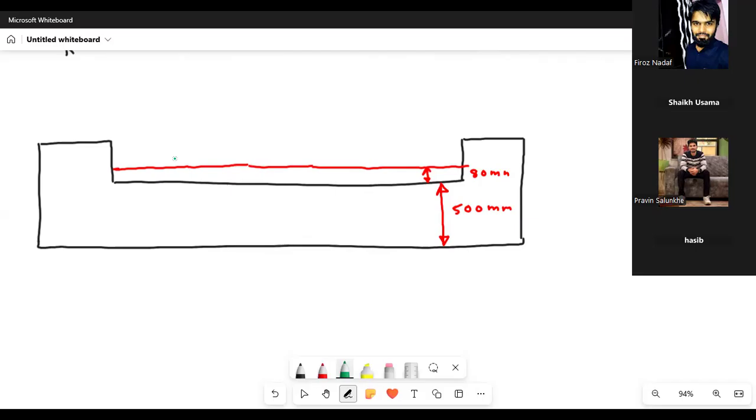And you're putting load here like this. We are dealing with IRC class AA tracked vehicle, which will have two tracks. So these are the tracks that will be placed.